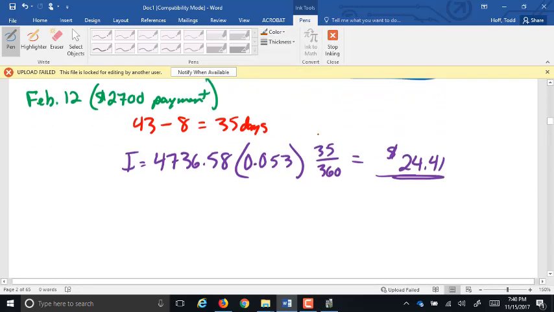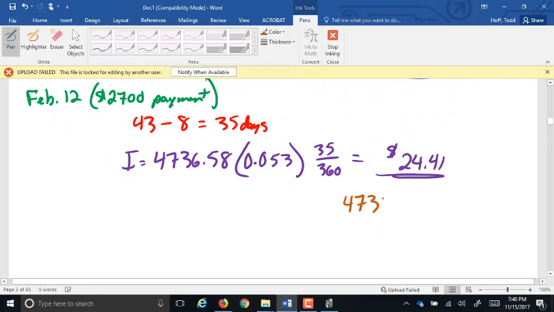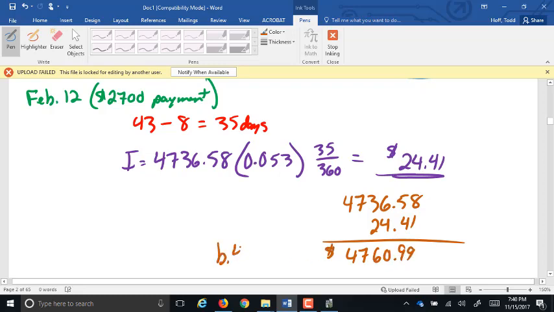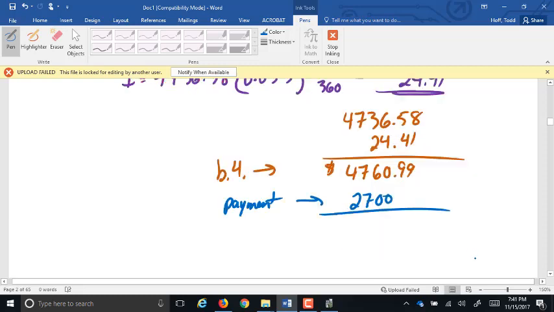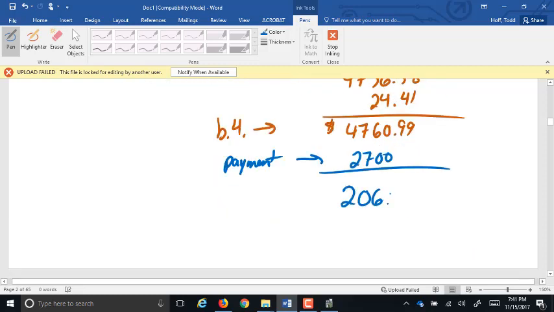So we're going to add that to get $4,760.99, the balance before the payment. Subtract the payment of $2,700, so we get $2,060.99.